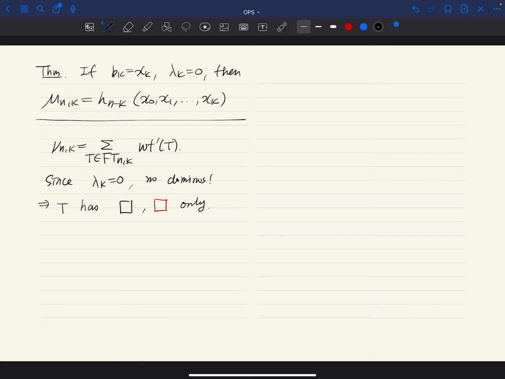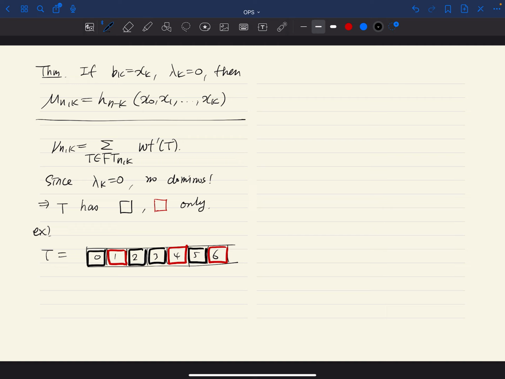Maybe an example. Let's say n equals 7, so 0, 1, 2, 3, 4, 5, 6. We only use red monomials or black monomials, but let me say that we choose these for red squares and the others for black squares, like that.